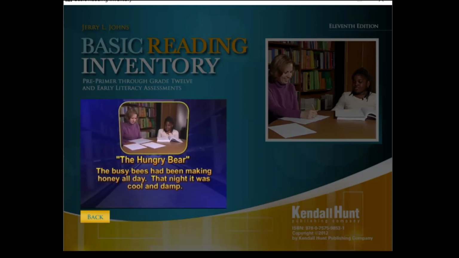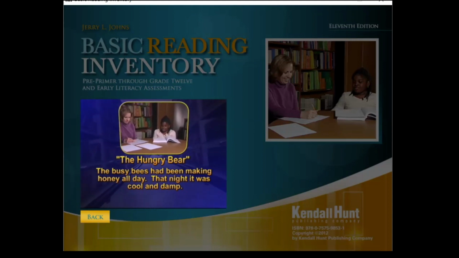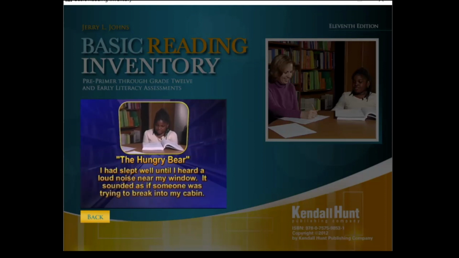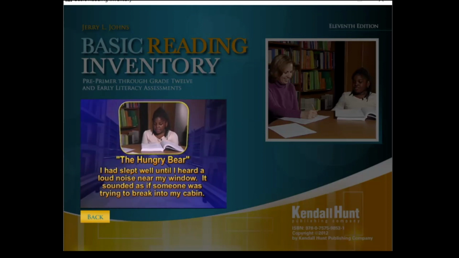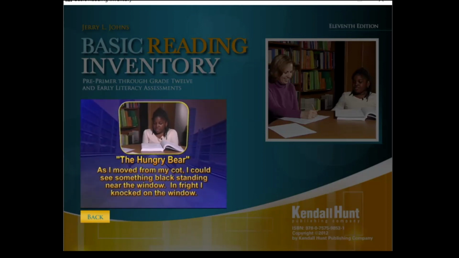The busy bees had been making honey all day. That night it was cool and damp. I had slept well until I heard a loud noise near my window. It sounded as if someone were trying to break into my cabin. As I moved from my cot, I could see something black standing near the window.